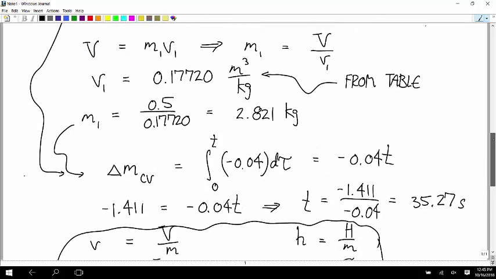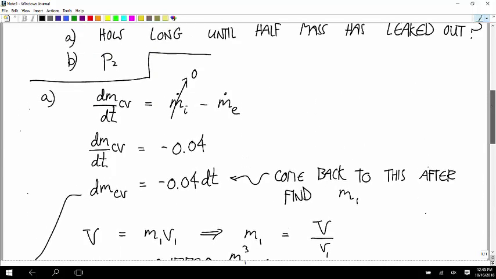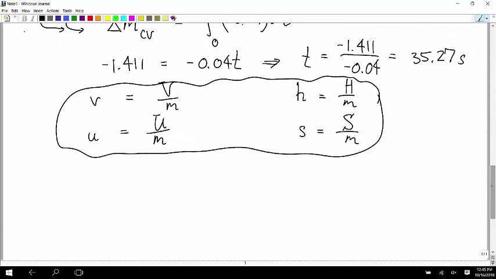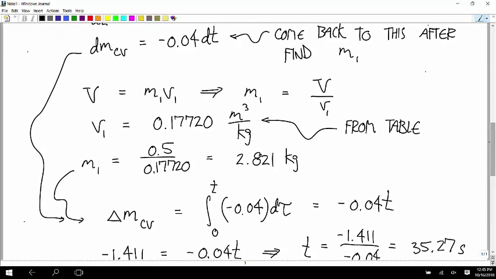Okay, and then part B, we're trying to find the pressure at 2. Okay, what do we know? It's a vapor.